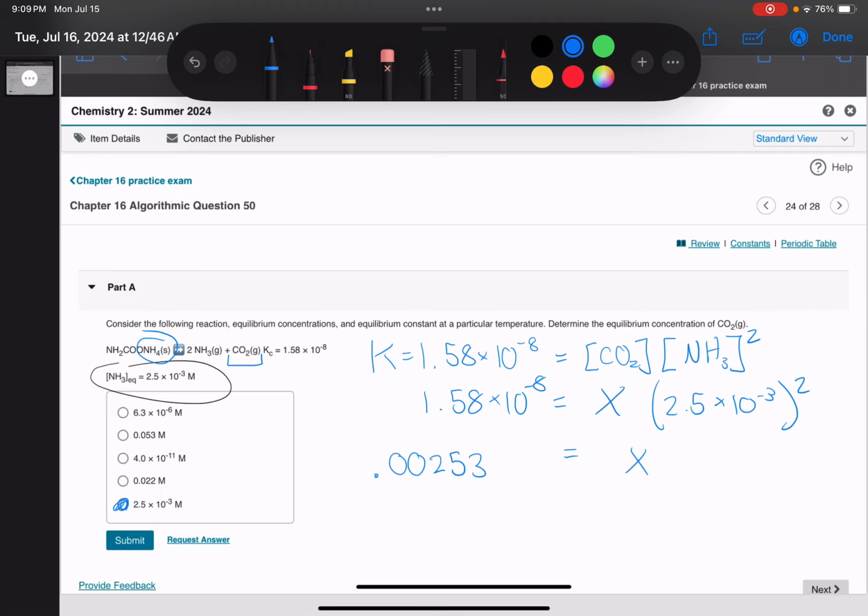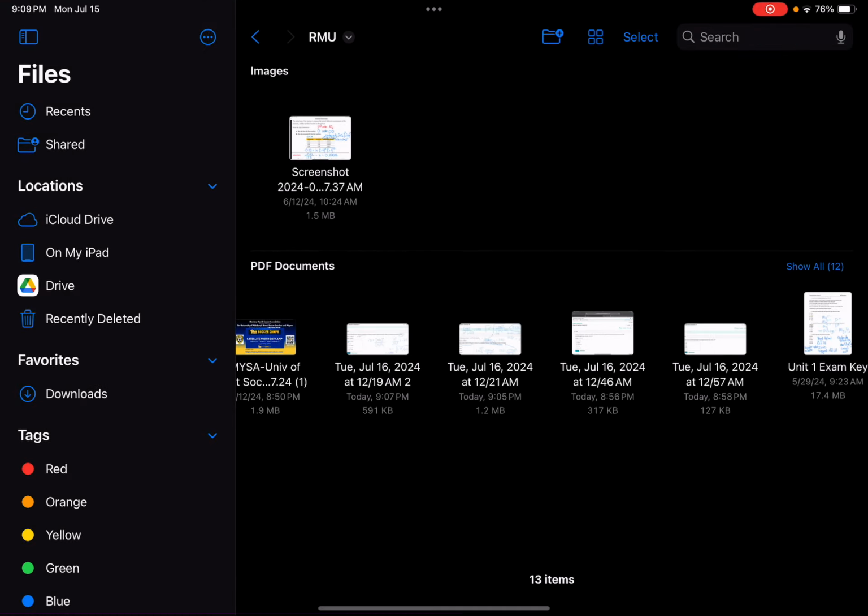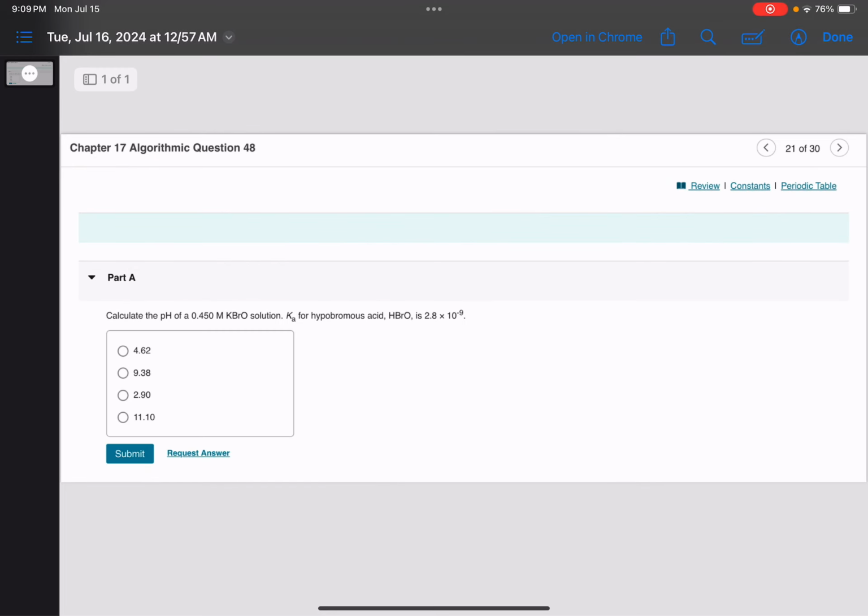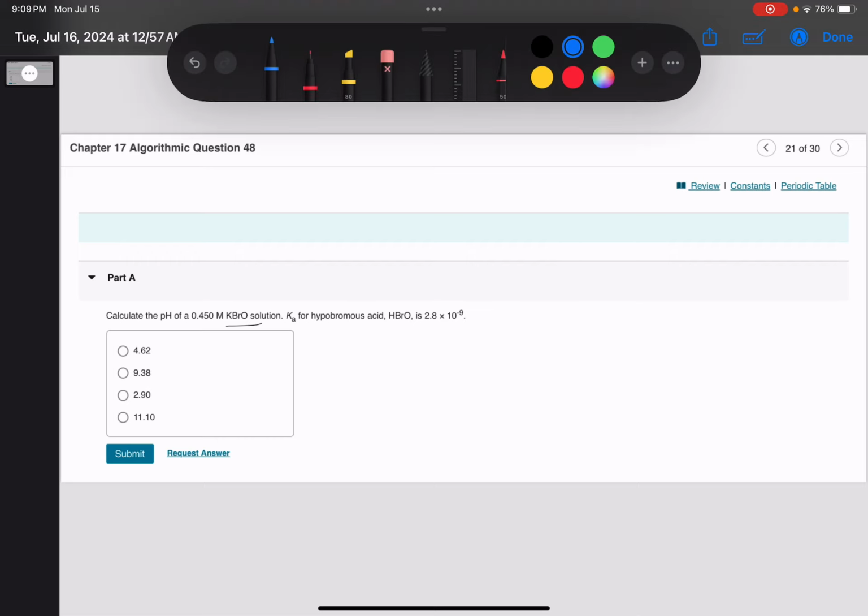Okay. All right. Last one is in chapter 17. Calculate the pH of a 0.450 molar KBrO solution. Oh, I know why this is difficult. Okay, so let's pretend that instead of this value, we kind of skipped over this Kb-Ka relationship. So here's how it would look for you if you were to be asked this on the test.